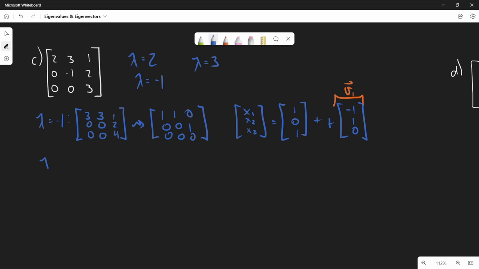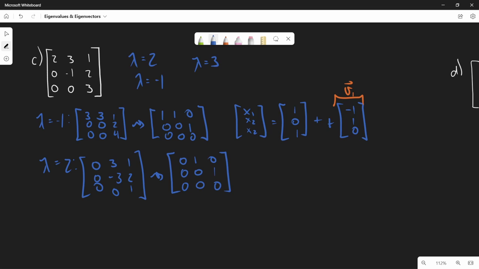So now we can move on to lambda equal to 2. This would be 0, 0, 0, 3, 1, negative 2, negative 3, 2, then 0, then 3 minus 2 is 1. Putting this in row reduced echelon form, we get 0, 0, 0, 1, 0, 0, 0, 1, 0.